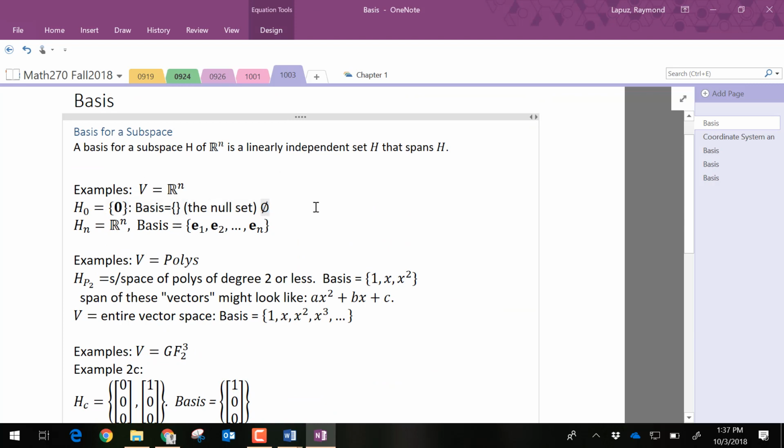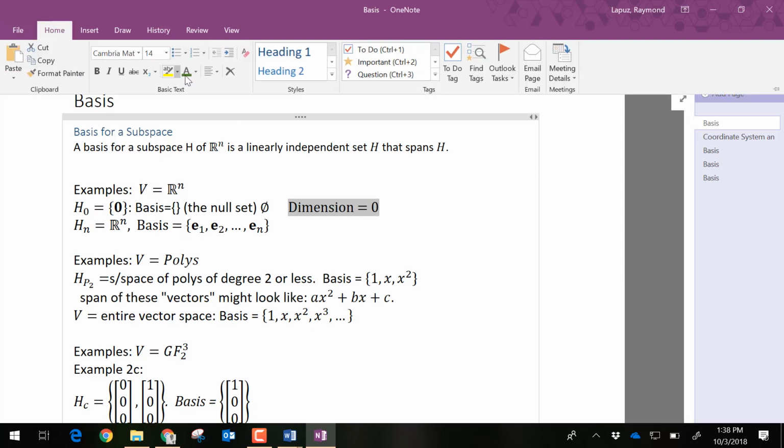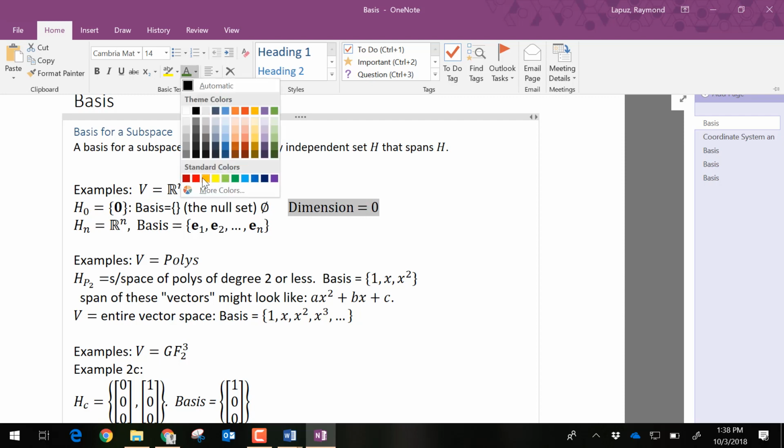So if we go back to this example, since we're here, let's assign dimensions to these things. In this case, this has dimension 0.